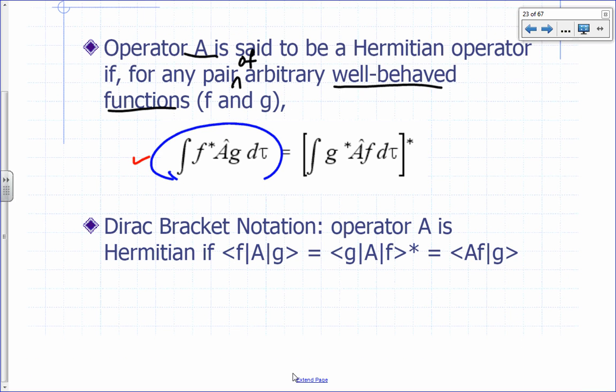Here's another way of looking at it. What you're really saying here is this. This is called a bracket, right? To make it easy to remember, imagine that symbol right there. You can call that your ket operator.